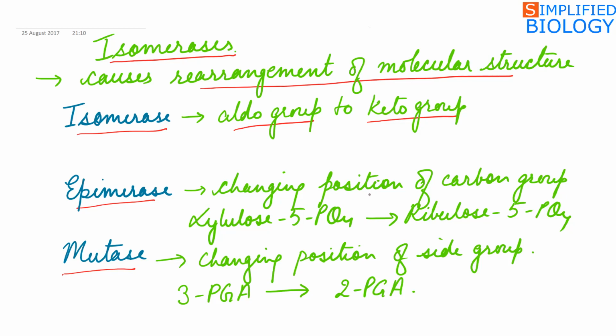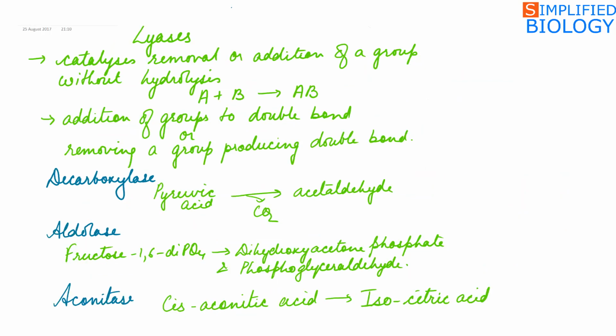Epimerase, position of the carbon group is changed. Like xylulose 5-phosphate is converted into ribulose 5-phosphate. And mutase, the position of the side group is changed in this. Like in glycolysis, 3-phosphoglyceric acid is converted into 2-phosphoglyceric acid.